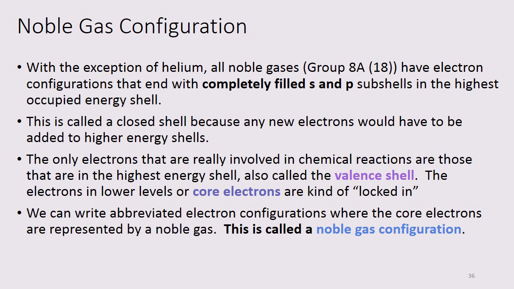elements and the others. Now, if you were to go through the electron configurations for the noble gases, which is group 8A or group 18, you will notice that they always have a completely filled s and p subshell in whatever period they're in, so whatever row they're in. In the first shell, it's a completely filled 1s2.